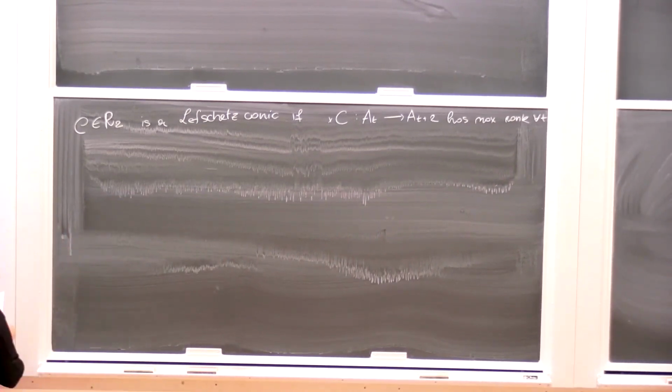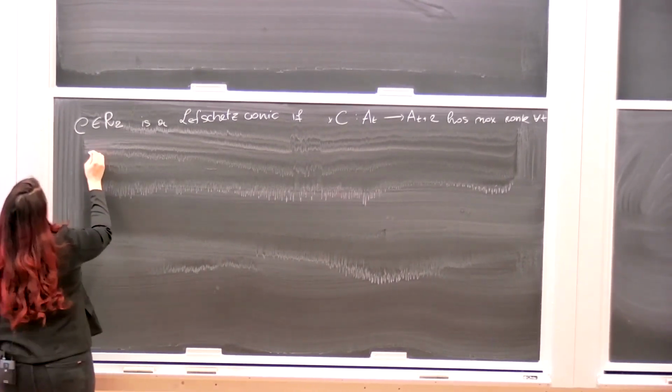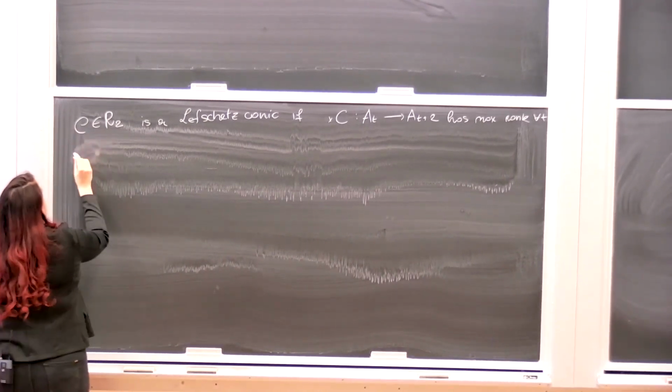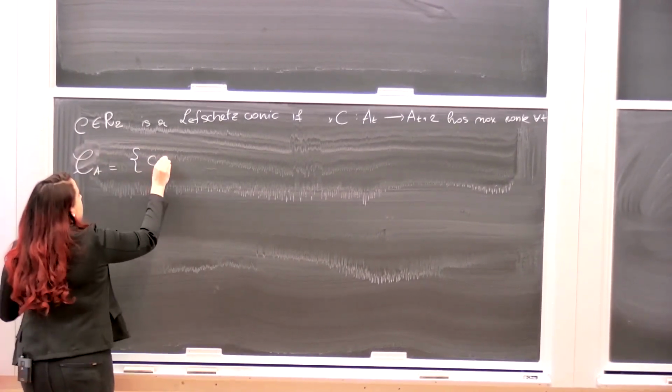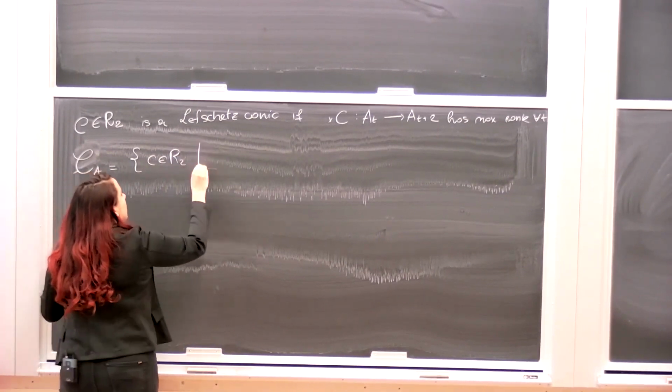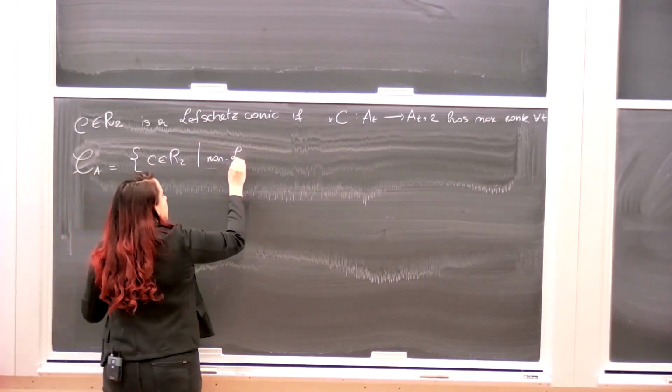So as a set, I will call it CA, the set of non-Lefschetz conics.